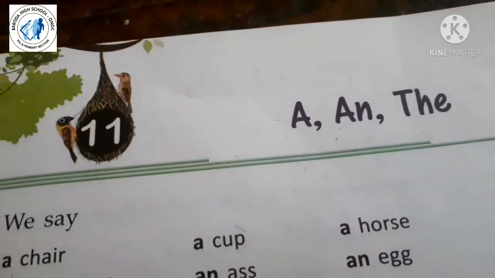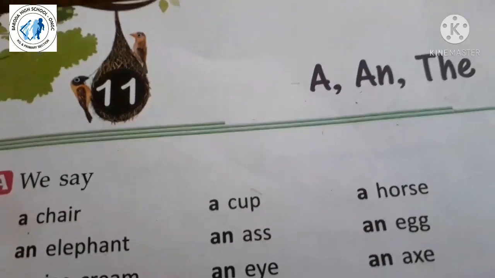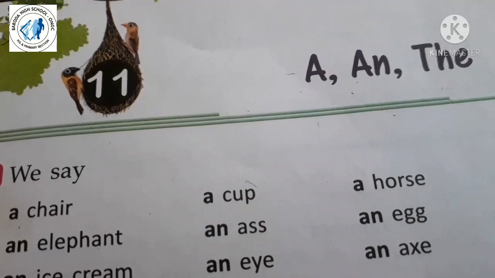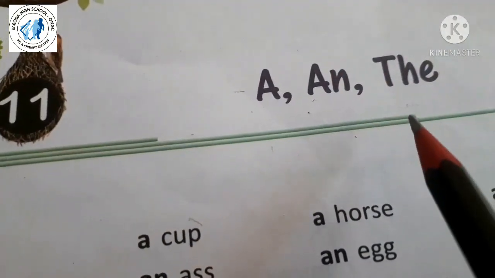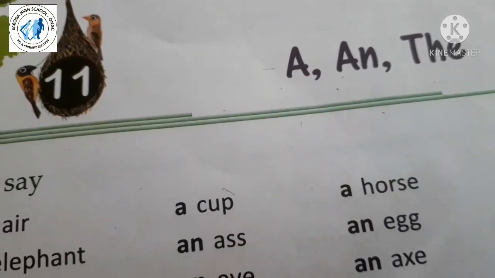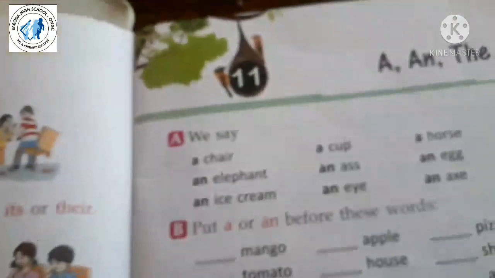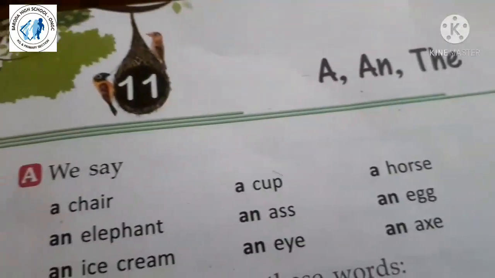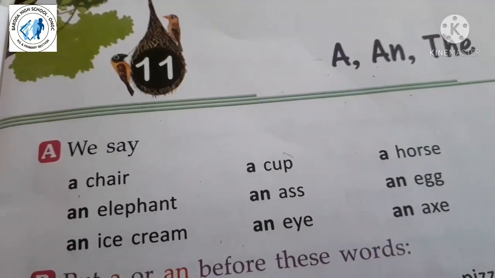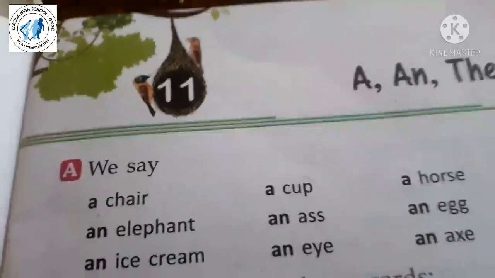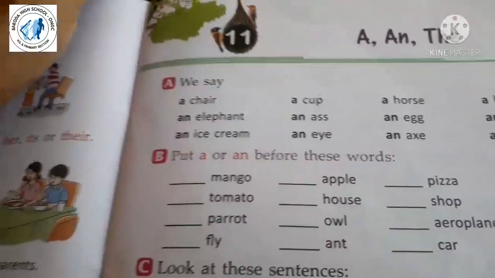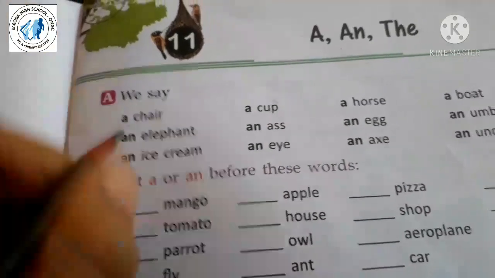Right? If we talk about one thing again, then to point out the same thing again in that sentence, we put the before it, and we put the before things which are only one on the earth. Right? At that time also we put the before that. So in this lesson we will do different exercises to understand the use of a, an and the.